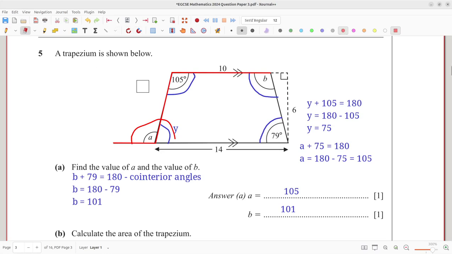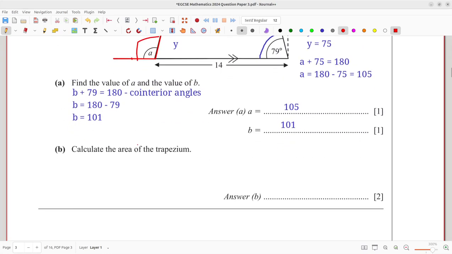They are called alternating angles. So these are alternating angles. This angle is equal to that. Just like that. Then next question, you are required to calculate the area of a trapezium.